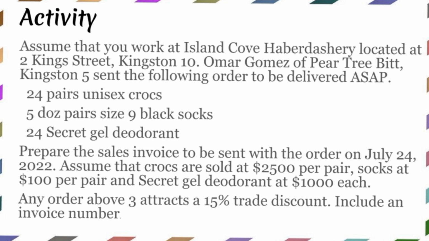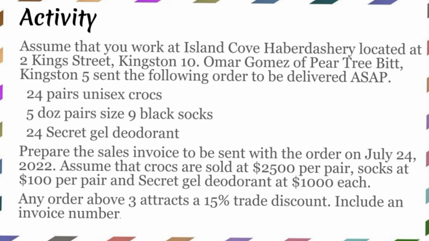Prepare the sales invoice to be sent with the order on July 24, 2022. Assume that Crocs are sold at $2,500 per pair, socks at $100 per pair and Secret Gel deodorant at $1,000 each. Any item above 3 attracts a 15% trade discount. Include an invoice number.